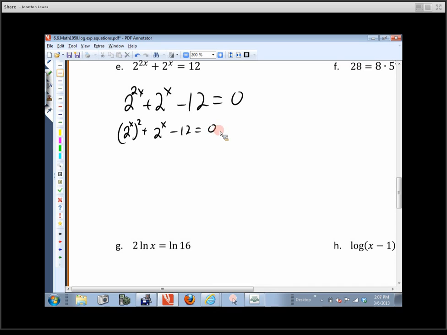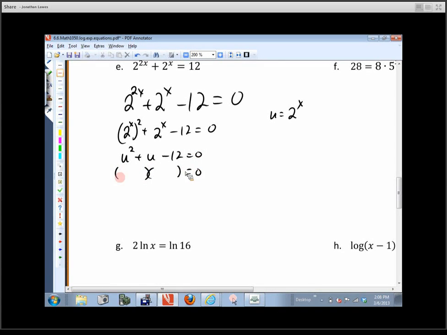Is that true? So what do I have here? What technique could I use to solve this? Substitution. I could say u equals 2 to the x. So this is u squared plus u minus 12 equals 0.